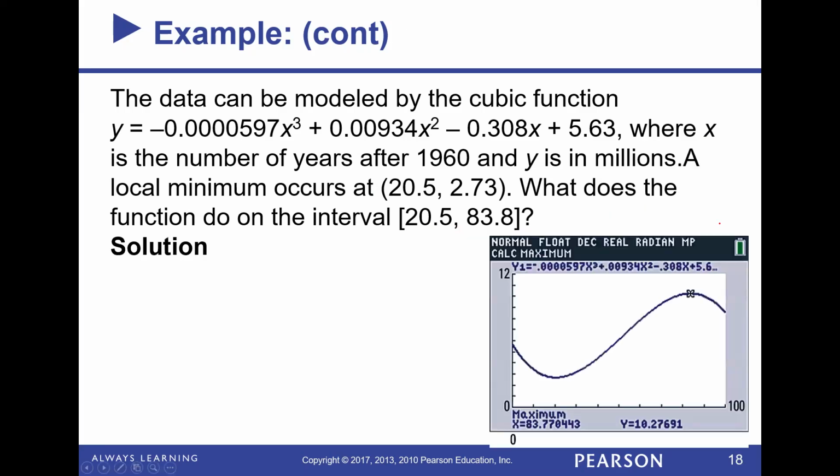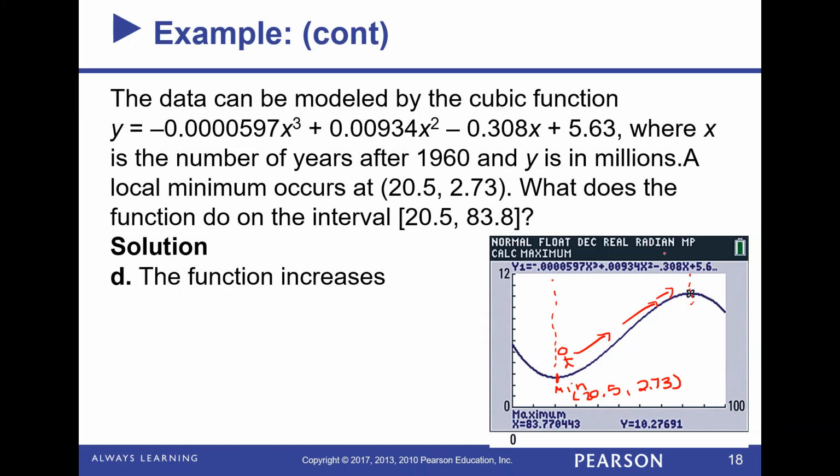So take a peek at that graph again. The minimum is right down here, and that's that lovely ordered pair of 20.5 and 2.73. I want to know what happens between this X value and this X value. When I'm asking what's happening, think of what's going on. This looks like an uphill battle, which means we are increasing.